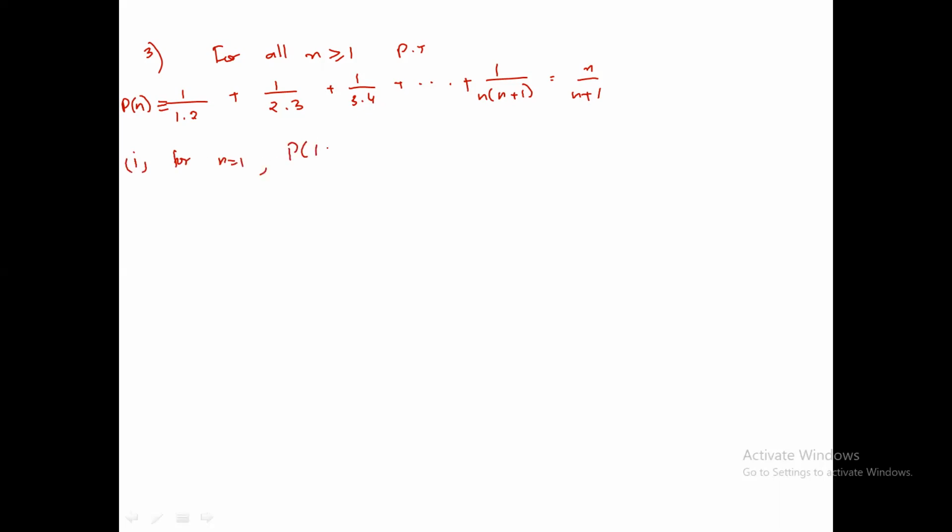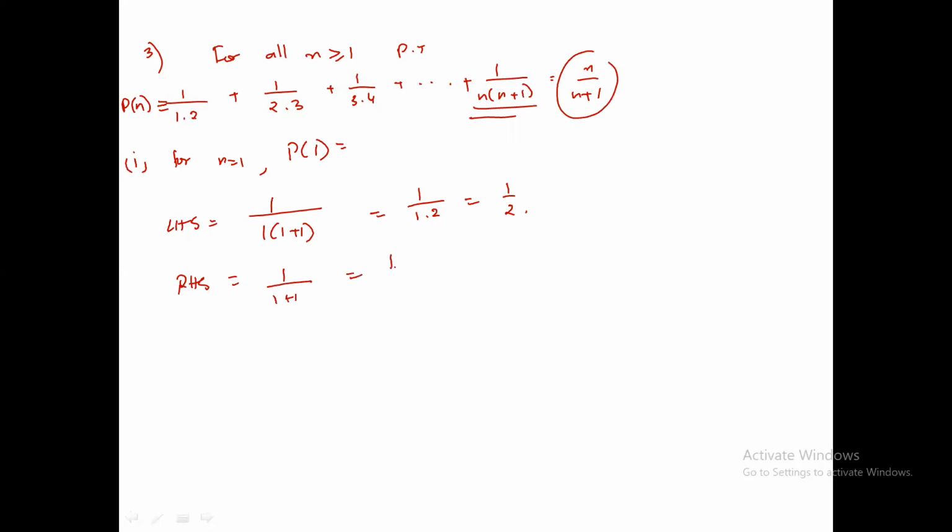In P of 1 you have to find, for that, on left hand side you will put n as 1: 1 by 1 into 1 plus 1, 1 by 1 into 2, that is 1 by 2. Right hand side also I will put n as 1: 1 by 1 plus 1. So I got left hand side equal to right hand side. That means P of 1 is true.